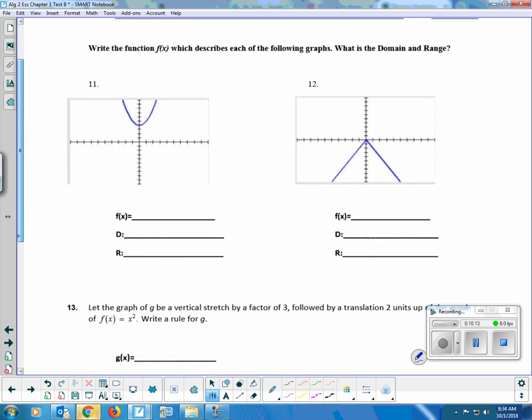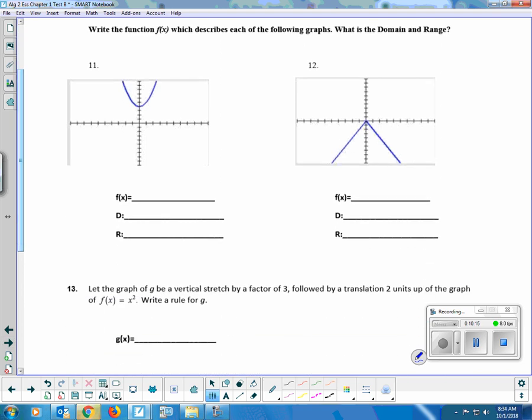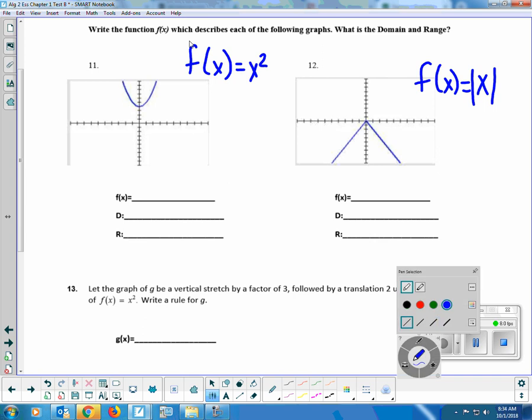Taking a look at 11 and 12. This looks like a quadratic equation, and this looks like an absolute value. All we need to do now is decide what transformations happen so that we can change.